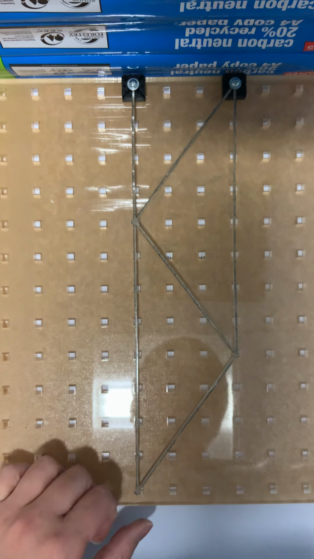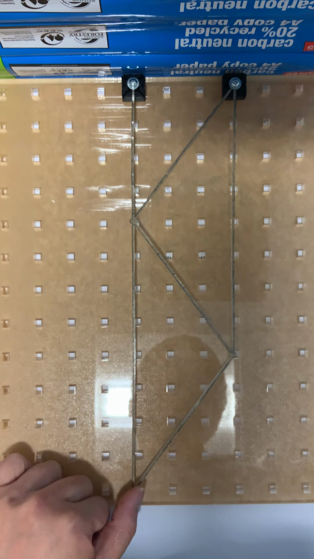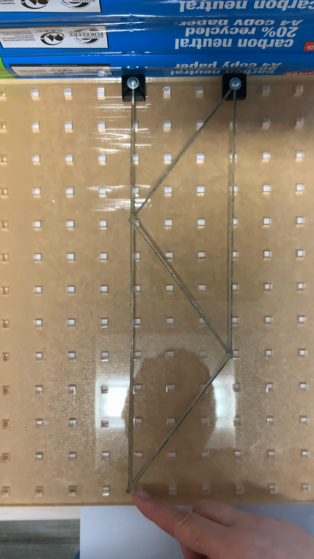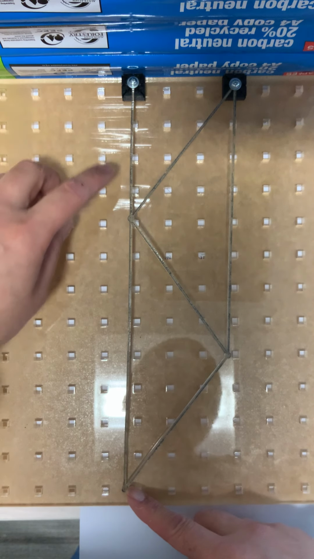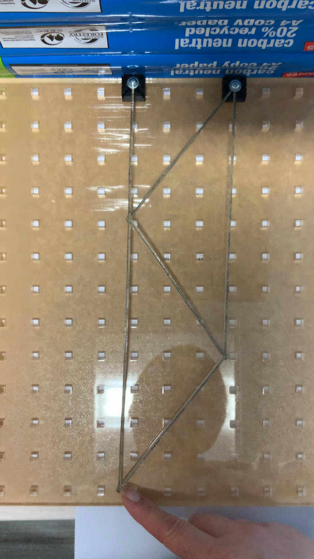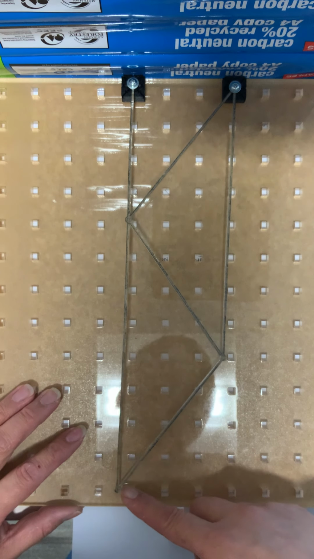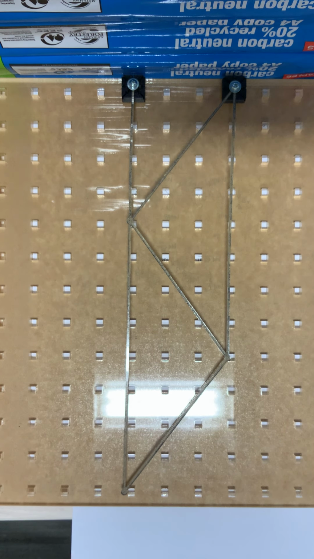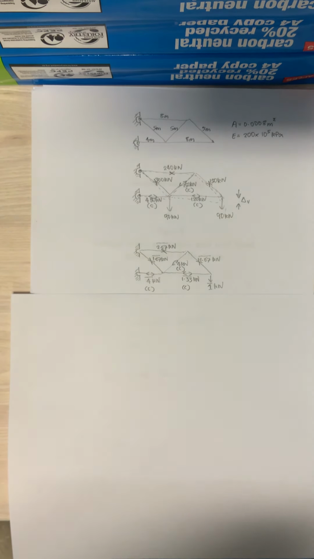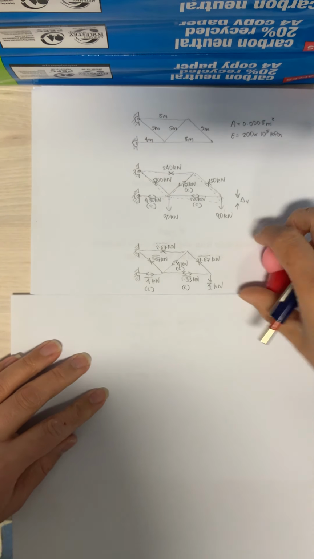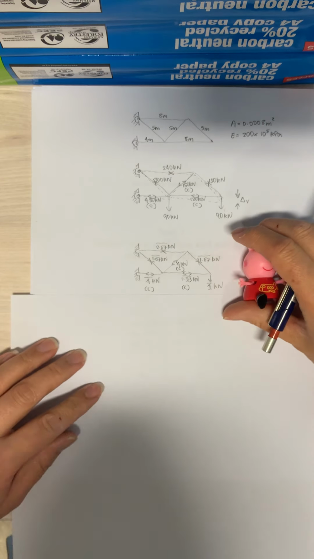But let's apply the load there, and hopefully we can see which members are in compression. These members are in compression just because they've got some desire to buckle. But method of sections and method of joints will tell you the forces acting in each of the members.